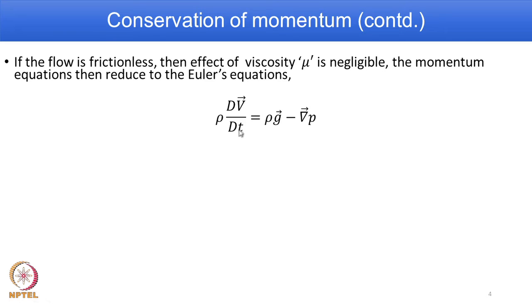So, the left hand side remains the same, d by dt, the total derivative of the velocity. One term is removed because the viscous effect is not considered. The external force term and pressure term remain the same. This equation was derived by the scientist Euler, hence the name Euler equation.